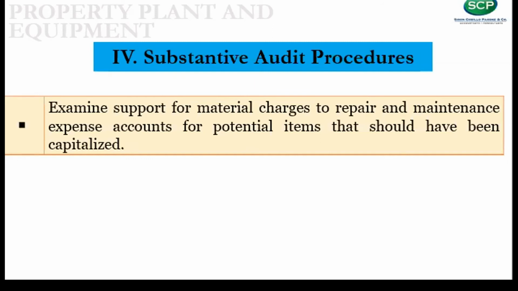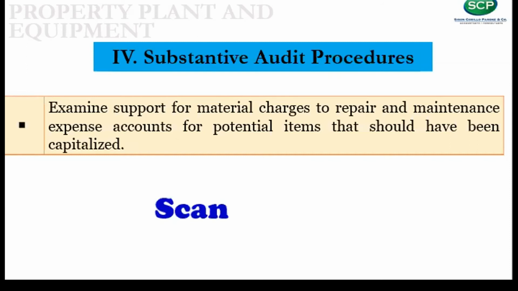To do this, we typically request the client for an analysis of the repairs and maintenance account. We then scan such analysis to note material charges and unusual charges to the account.